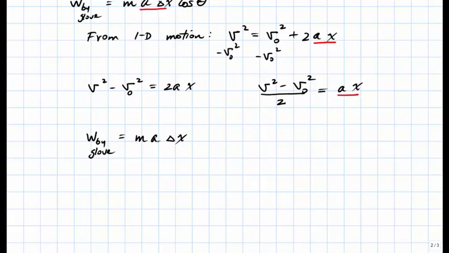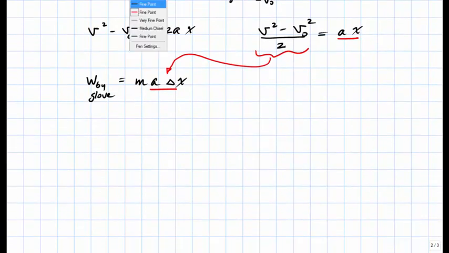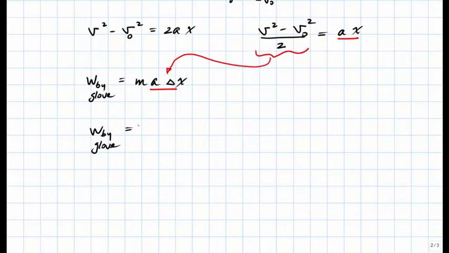We have an ax here and an a delta x here. That means we can take the left-hand side of this equation and substitute it in for the term a delta x. Let's see what that produces. That substitution results in m times v squared minus v0 squared over 2.